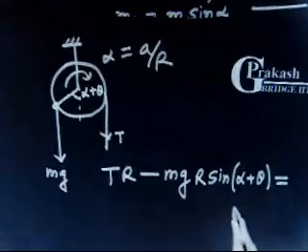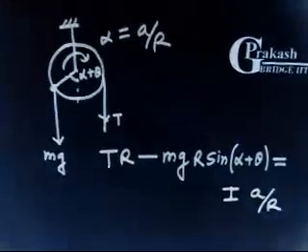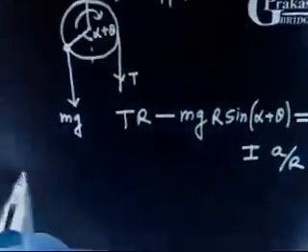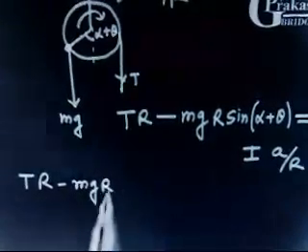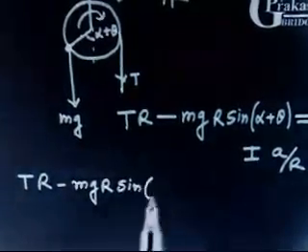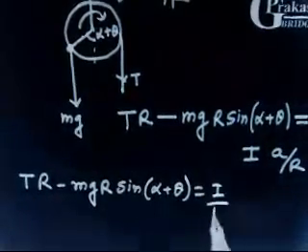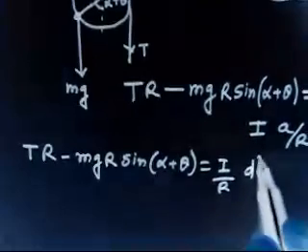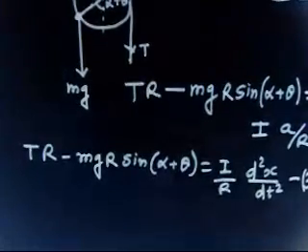So I for the disk is I, and alpha is a by r. So I can modify the same equation. I can write simply T r minus mg r sine alpha plus theta is equal to I by r, and acceleration will be d2x by dt square. So let us say this is equation number 3.